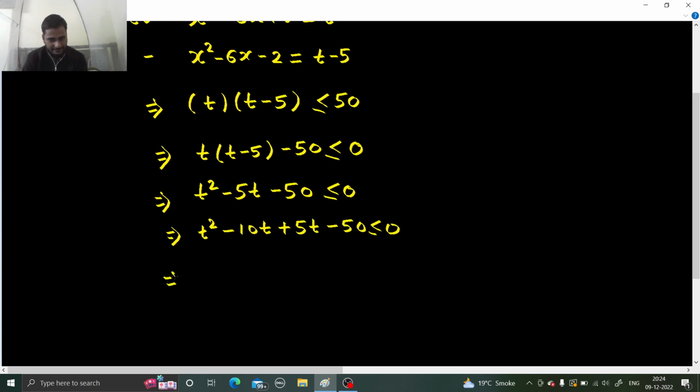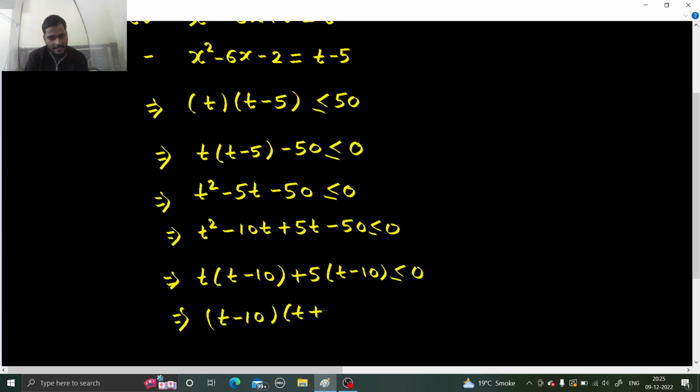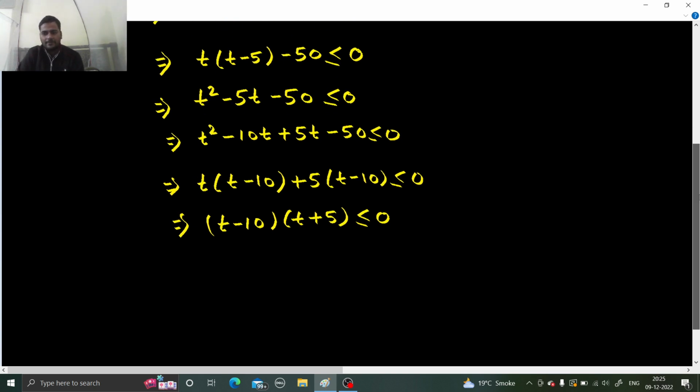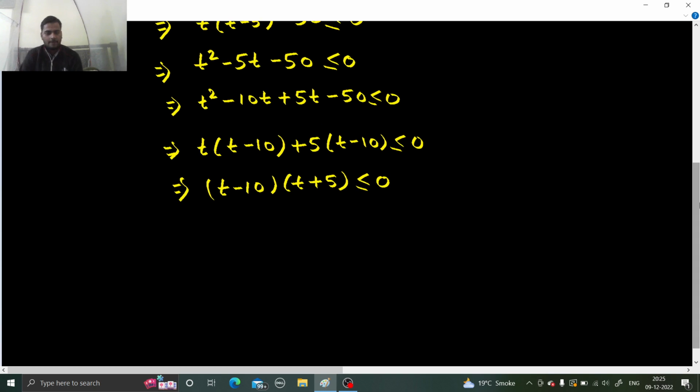Moving ahead, t common, t minus 10. So we get t minus 10 and t plus 5 less than equal to 0. So now this is the simplest form which we can expect the problem to be.